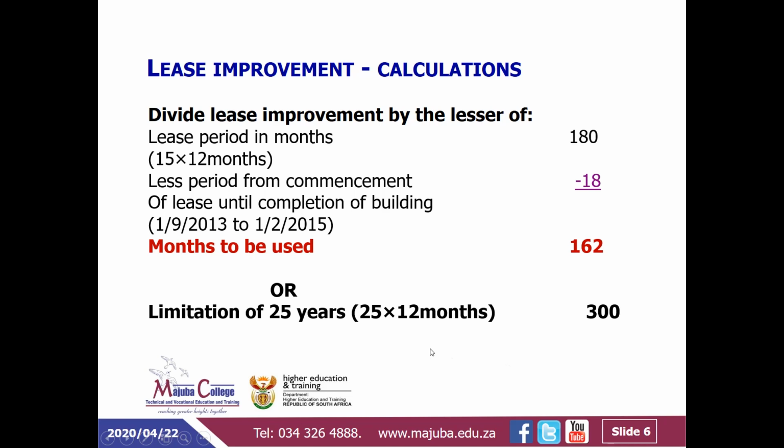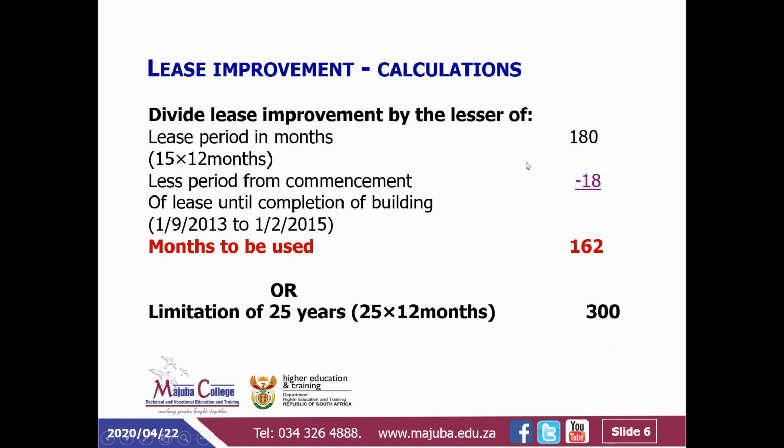How did you obtain 300 months? The provisions of the Act specifically say the years you're going to use shouldn't exceed 25 years. So to get the equivalent of 25 years in months, you simply take 25 multiplied by 12. Therefore, we shouldn't use more than 300 months.